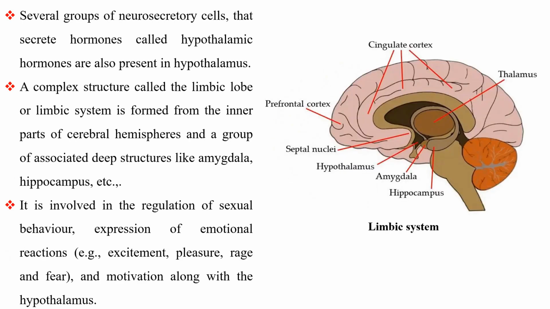Several groups of neurosecretory cells that secrete hormones called hypothalamic hormones are also present in hypothalamus. A complex structure called the limbic lobe or limbic system is formed from the inner parts of the cerebral hemispheres and a group of associated deep structures called amygdala, hippocampus, etc. It is involved in the regulation of sexual behavior, expression of emotional reactions, and motivation along with the hypothalamus.